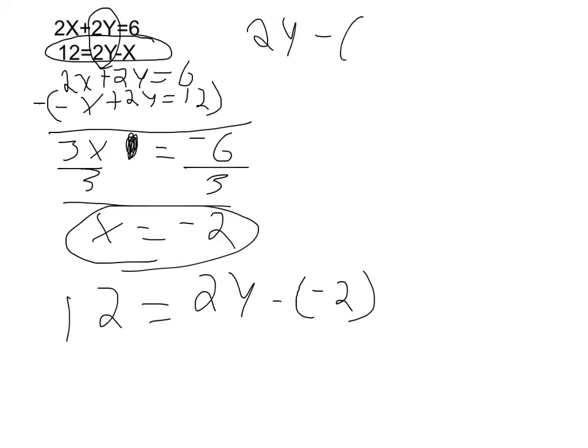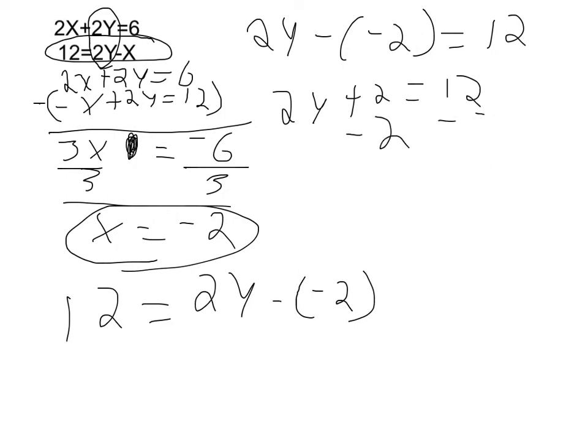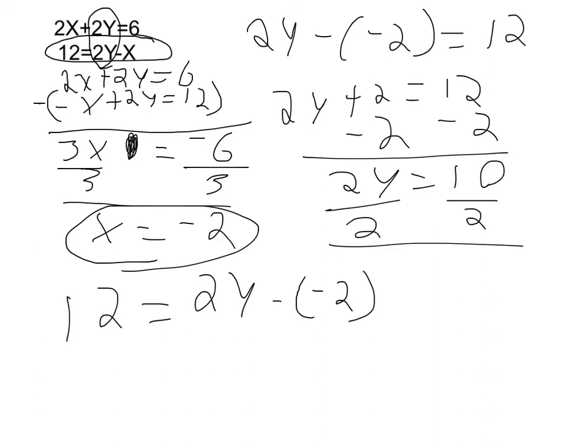So 2y minus negative 2 equals 12. And now minus a negative is plus a positive. So it would be 2y plus 2 equals 12. Now we subtract 2 from both sides to get 2y equals 10. Now we divide both sides by 2 to get the y value by itself, and we get y equals 5.